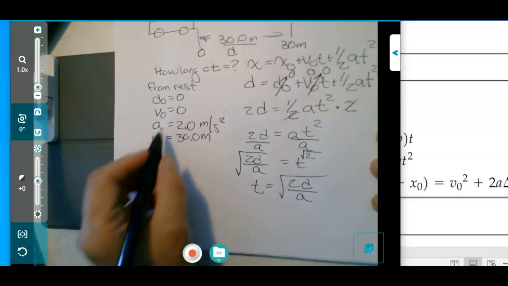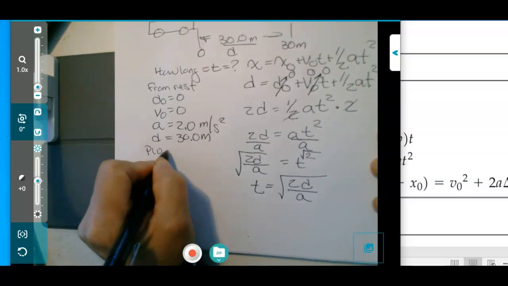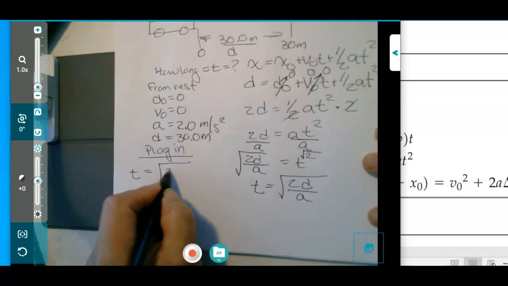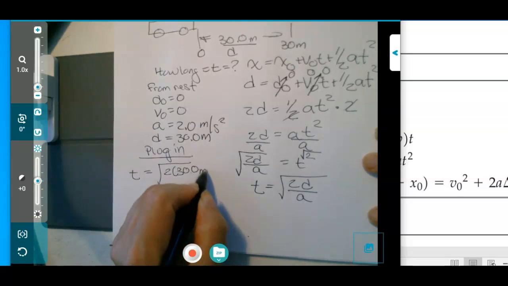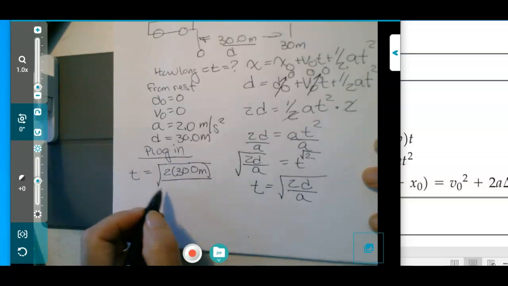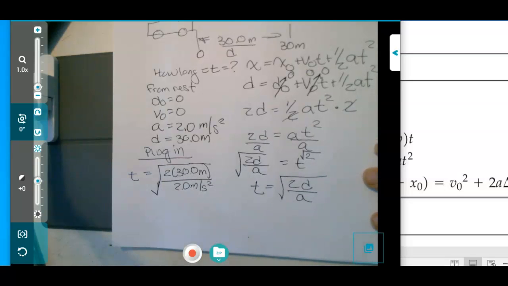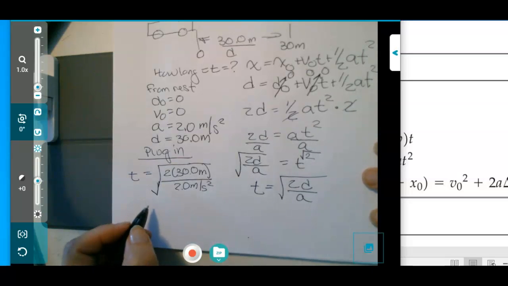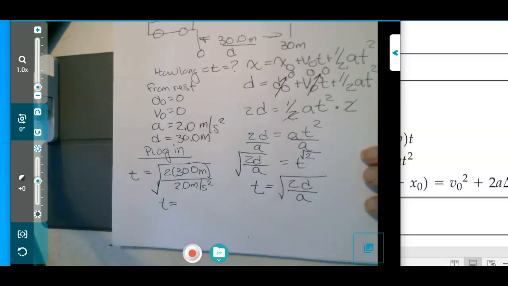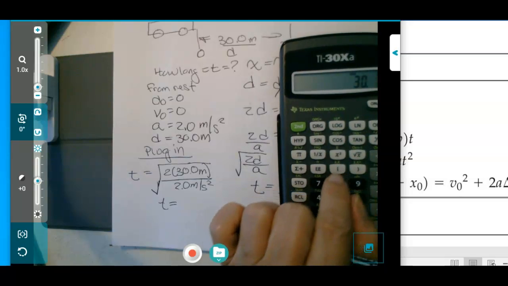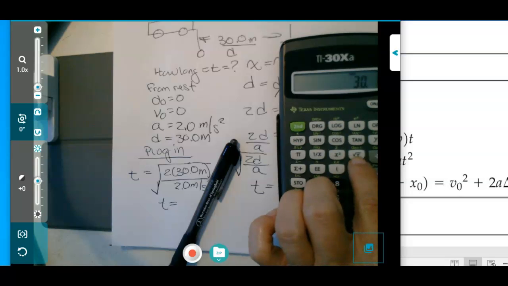So if I work over here, if I start to do my plugins, t is equal to the square root of 2 times the 30, and I'm checking my units. I have it in meters, so that's awesome. And then the whole thing's divided by 2 meters per second squared. And so t becomes 2 times 30 divided by 2 equals, and then the square root is on my calculator right here.